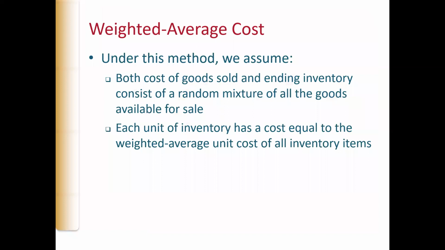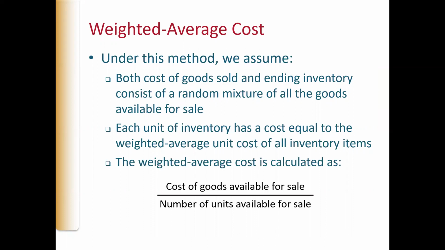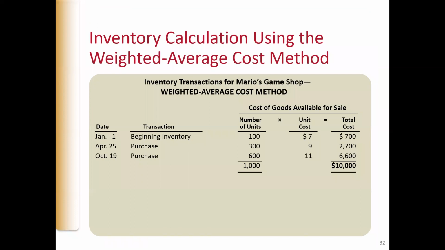Okay. Now there's another method. This is called the weighted average cost method. We're going to take all the units and come up with a weighted average of the inventory items. The way we do this is we take 100 units at $7, which means we spent $700 to purchase those units. 300 units at $9 means we spent $2,700 on the April 25th purchase.